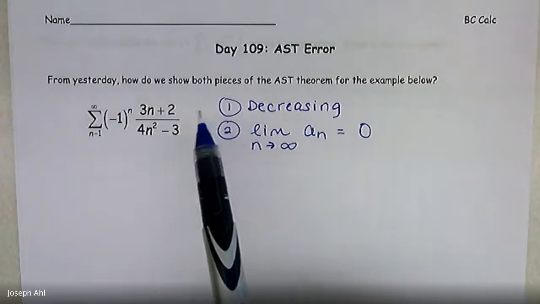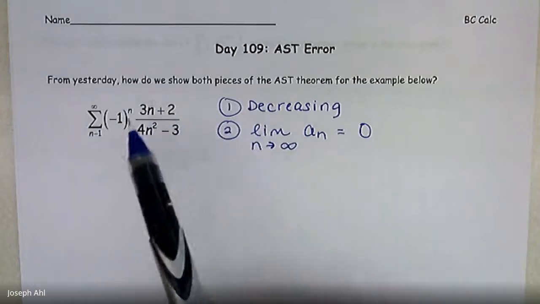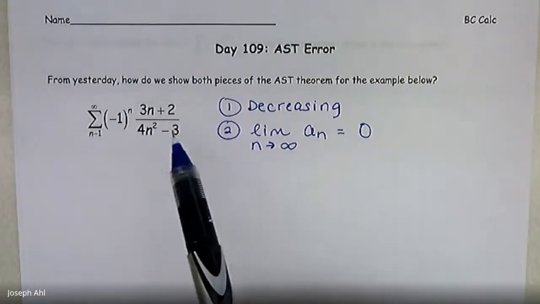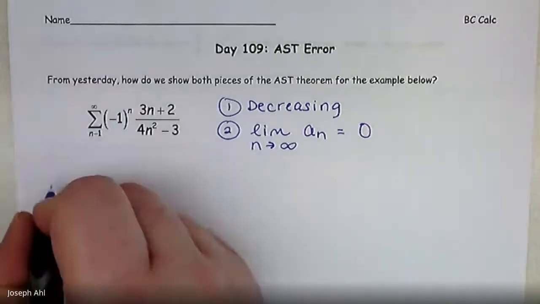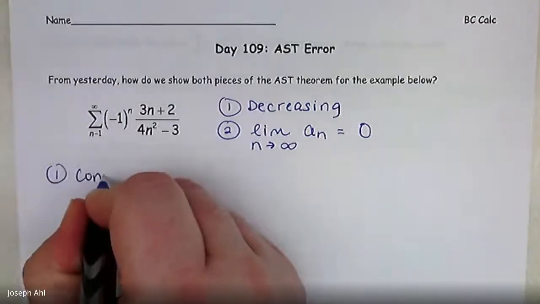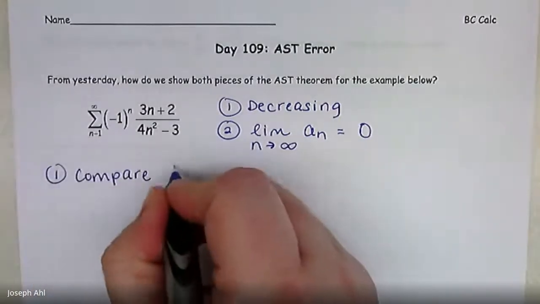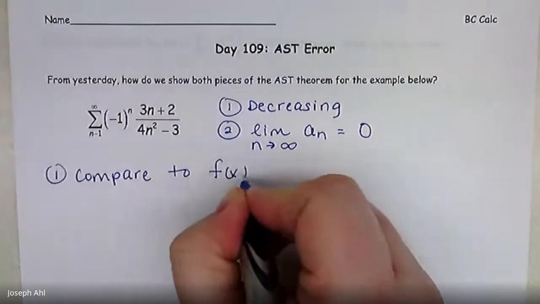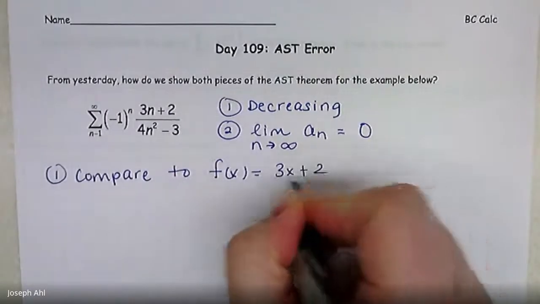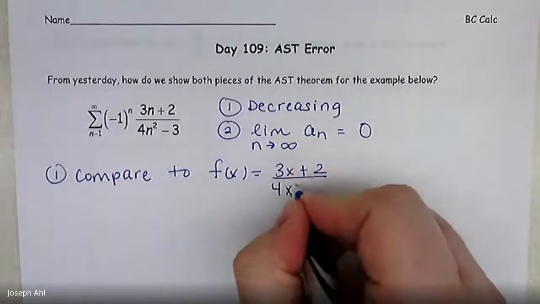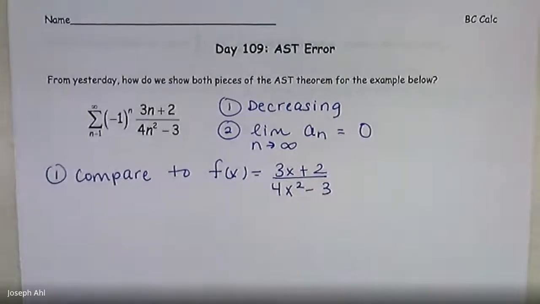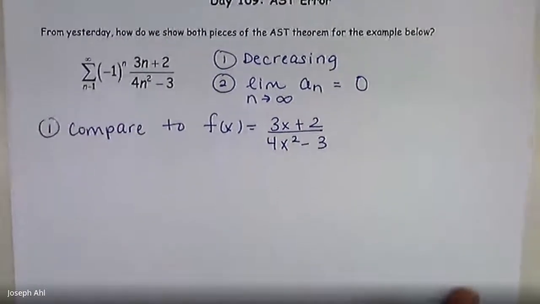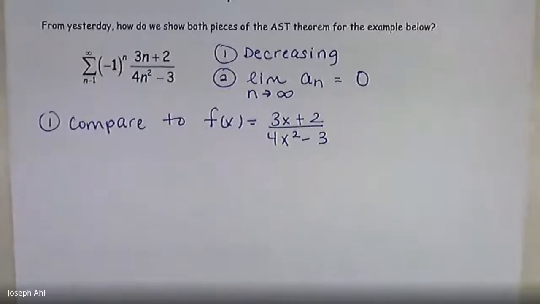If we think about comparing this series right here to the function f of x equals 3x plus 2 over 4x squared minus 3, we can show that it's decreasing by finding the first derivative, can't we?